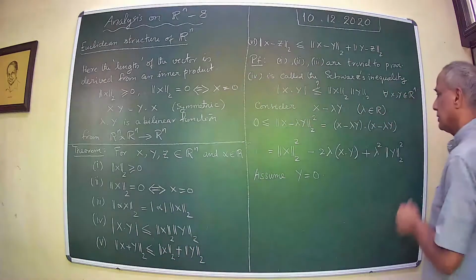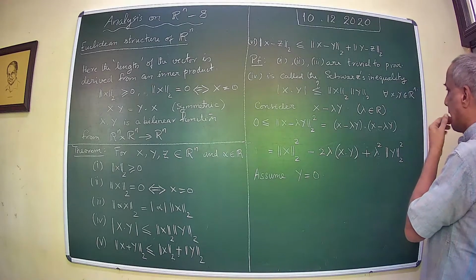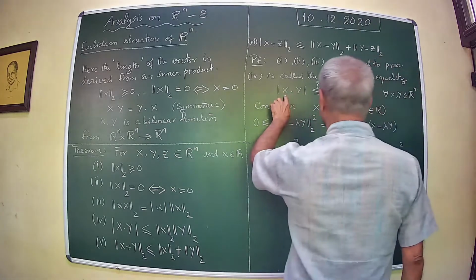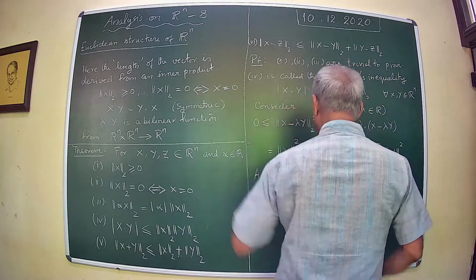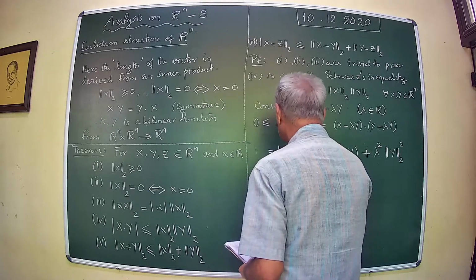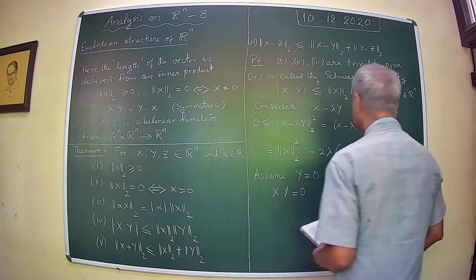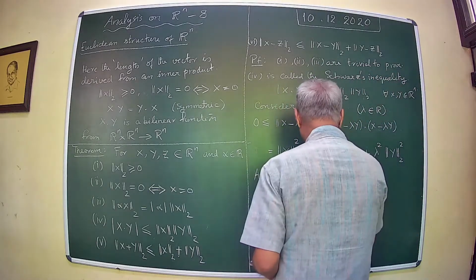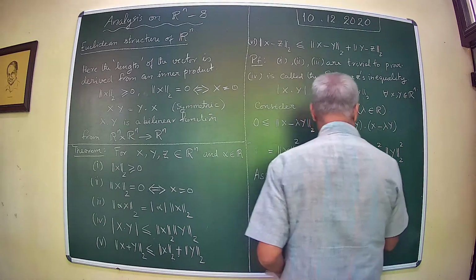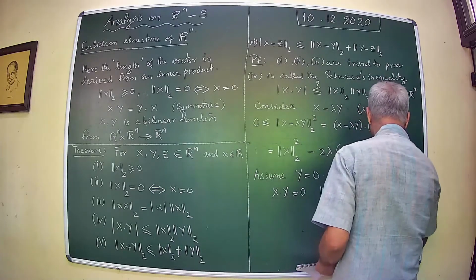Then what happens? Look at our inequality. This is the inequality that we want. You see that x dot y is, in that case, equal to 0, and norm y is also equal to 0, which implies the given inequality holds.